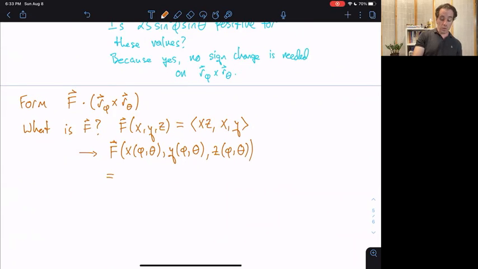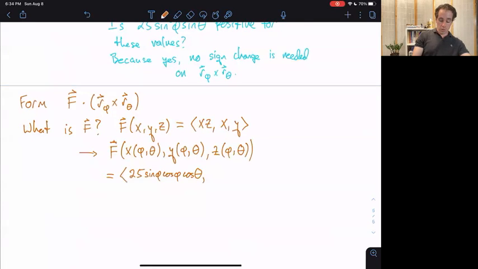And this is equal to xz. Well, x is 5 sine phi cosine theta, and z is 5 cosine phi. So this will be 25. The x gives us sine phi, the z gives us cosine phi, and the x gives us cosine theta.